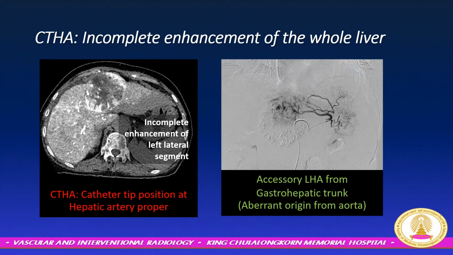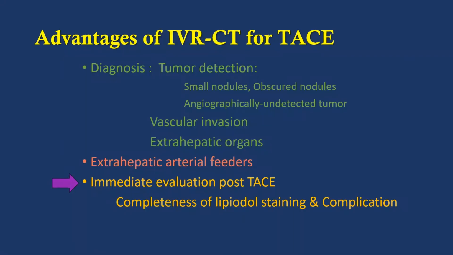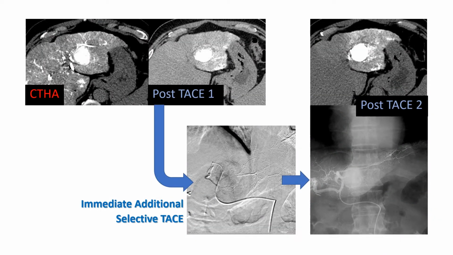The last advantage of an IVR-CT is that at the end of the procedure, you can perform a non-contrast enhanced CT to see the completeness of lipiodol staining within the tumor and also look for possible complications. In this case, after we performed selective embolization via a branch of the left hepatic artery, the post-embolization CT scan showed incomplete lipiodol staining.